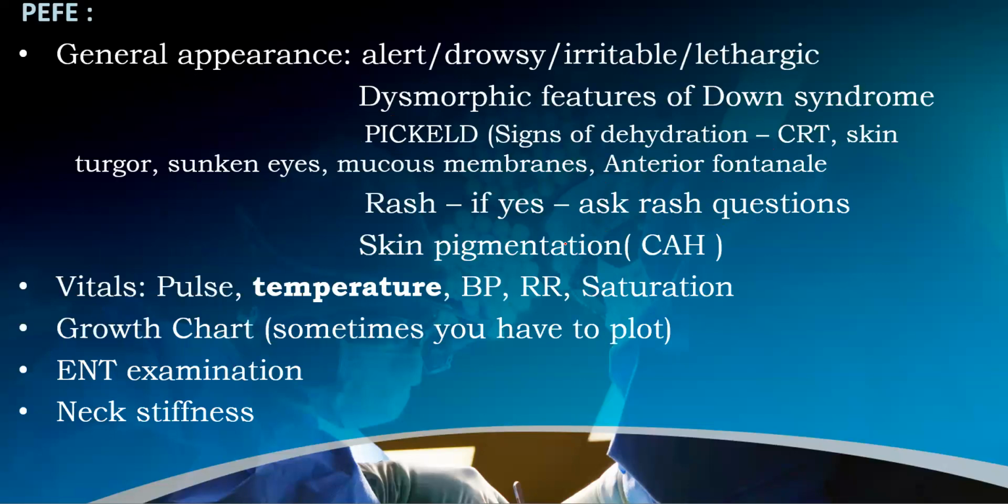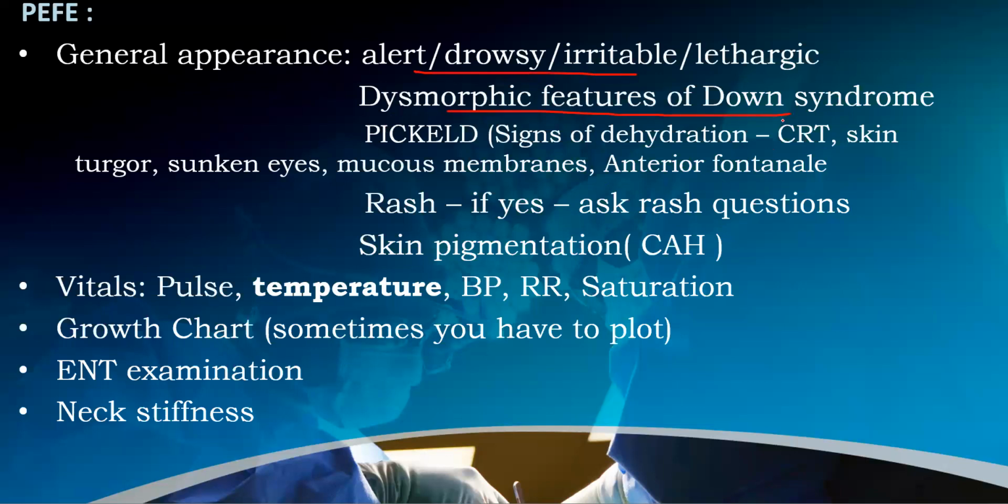So that's your history. Now, physical examination from the examiner. In case of a face-to-face exam, you have to ask for physical examination from the examiner. So say, dear examiner, I would like to do physical examination on my patient. I would like to start with general appearance. Is the child alert, drowsy, or irritable?